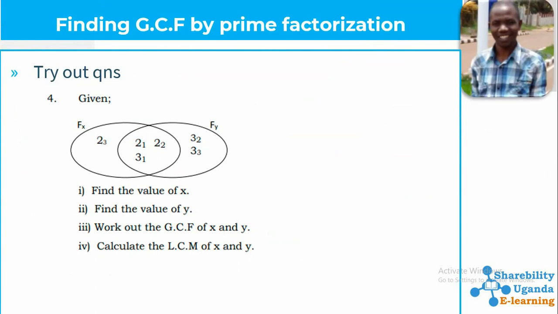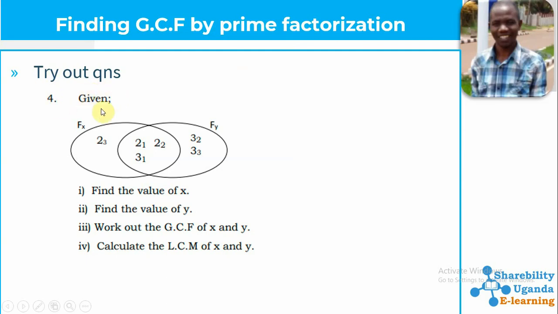So this is going to be our question 4. It is all about finding the greatest common factor by prime factorization, and also how these numbers are presented on a Venn diagram, and you come up with the right answer.